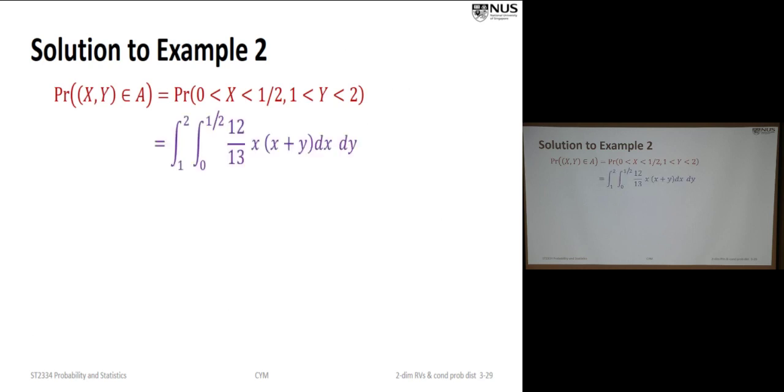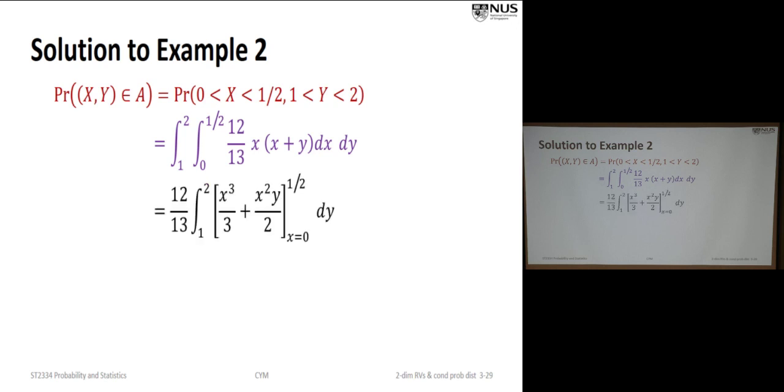So it's equal to the joint PDF integrated from 0 to half. I integrate x first. That means I fix y. Remember, this is the region I'm looking for. This is the whole thing where the PDF is non-zero.